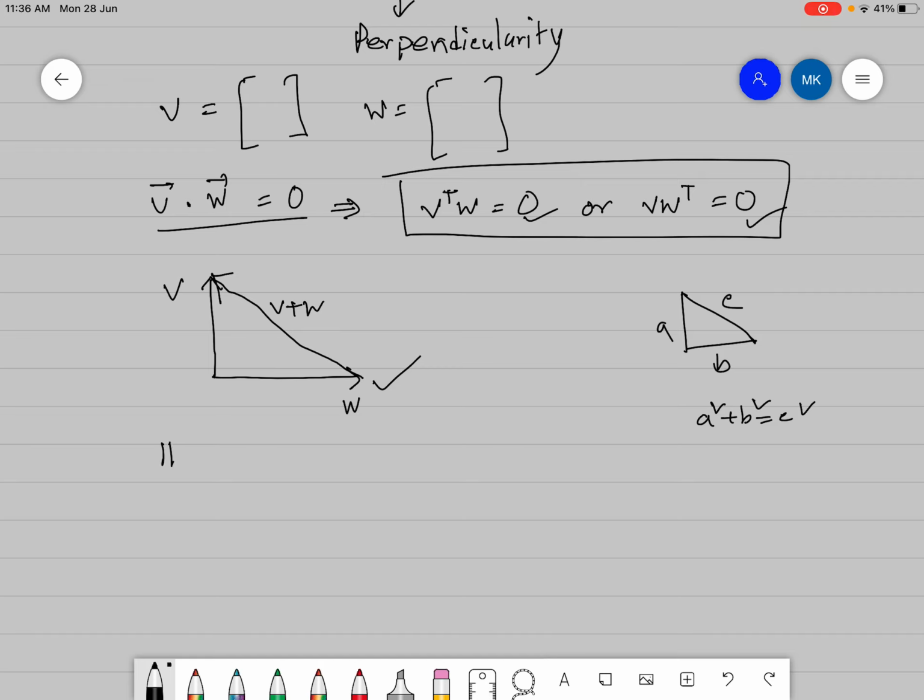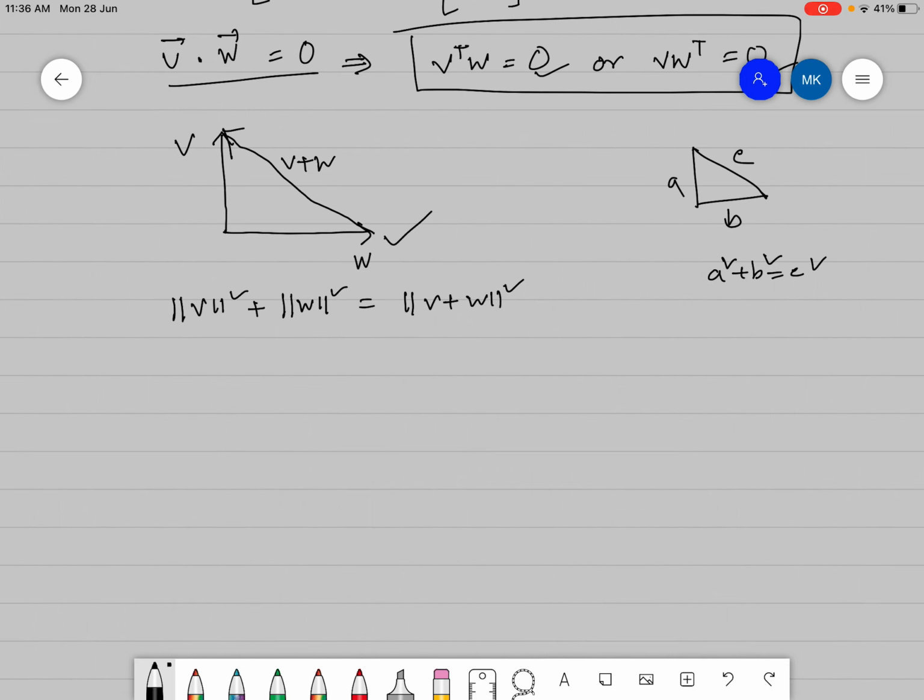So the value of v plus the value of w equals the value of v plus w. These values are basically dot products. So v dot v plus w dot w equals v plus w dot v plus w.